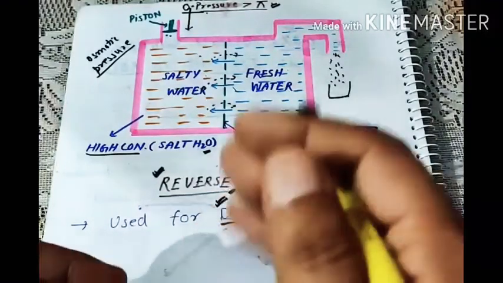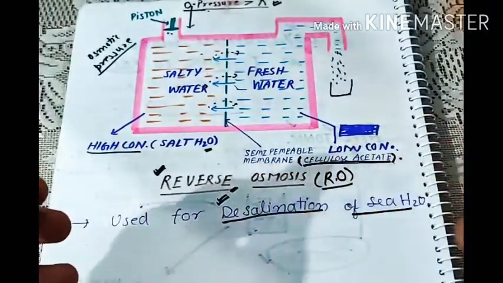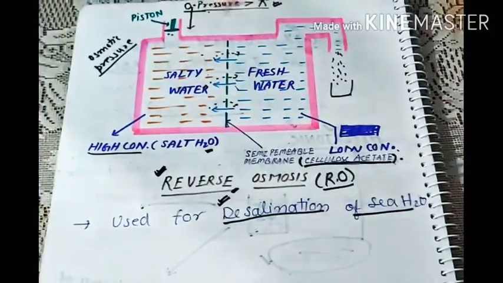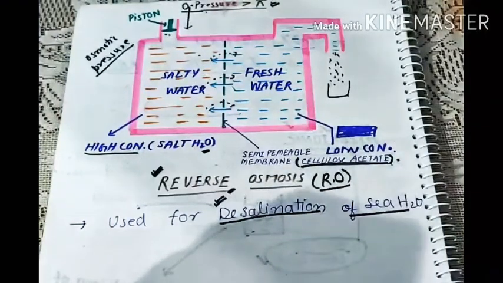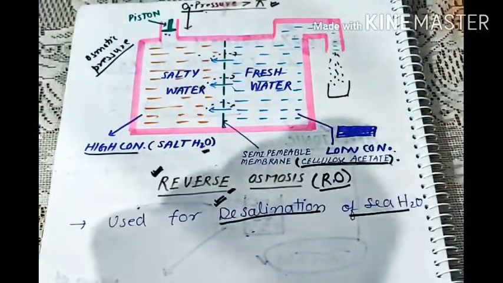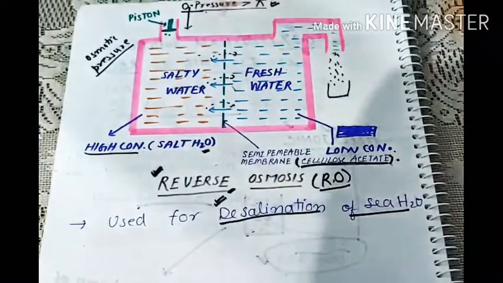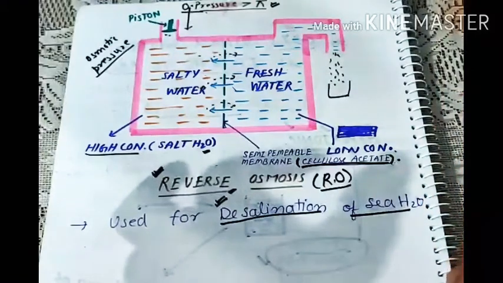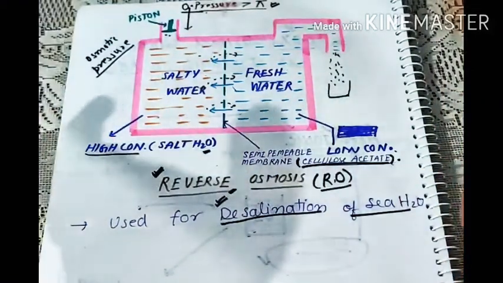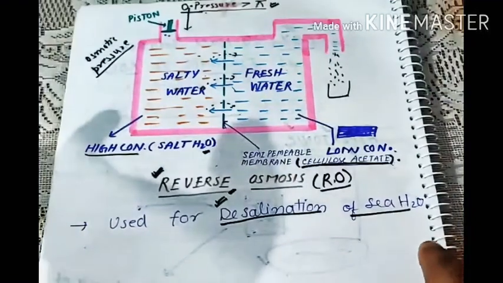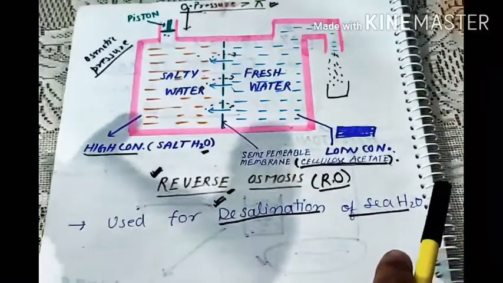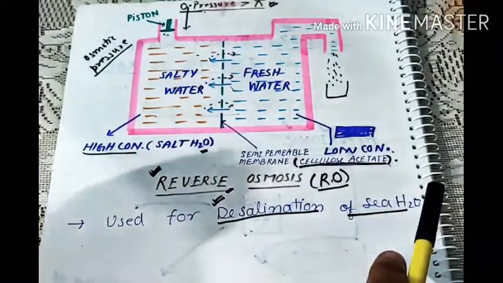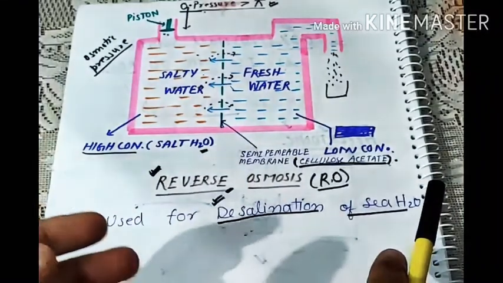But this reverse osmosis plant is working in various other countries like Dubai or some other countries where the drinking water is not very plentiful. In India, there is no problem for drinking water, but in some other nations where there are deserts, they require drinking water, fresh water. So obviously the establishment of desalination plants is also required in those types of countries.